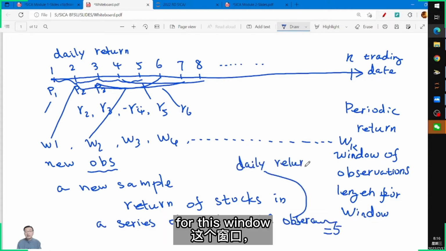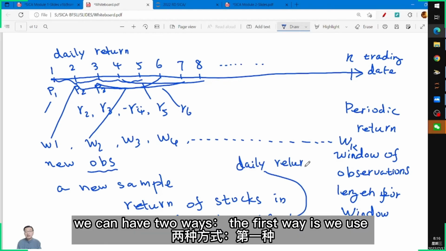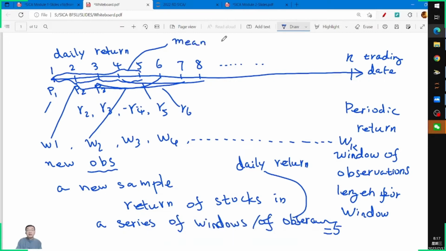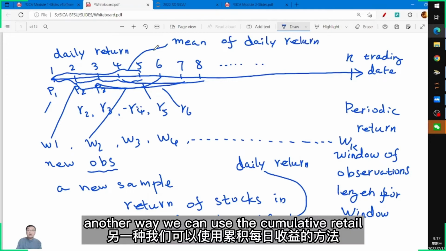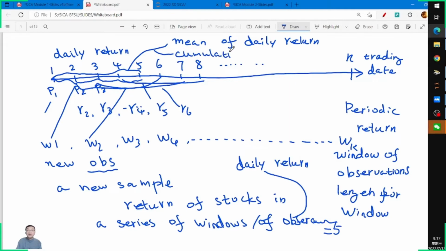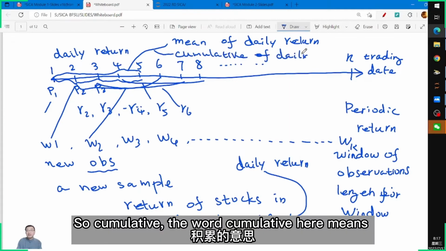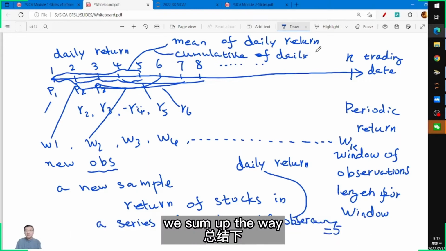For this window, we can have 2 ways. The first way is we use the mean of daily returns. Another way, we can use the cumulative return. Cumulative daily returns. The word cumulative here means we sum up.